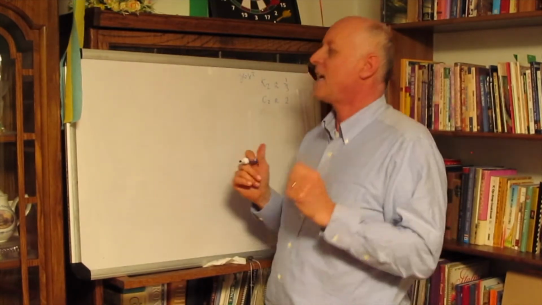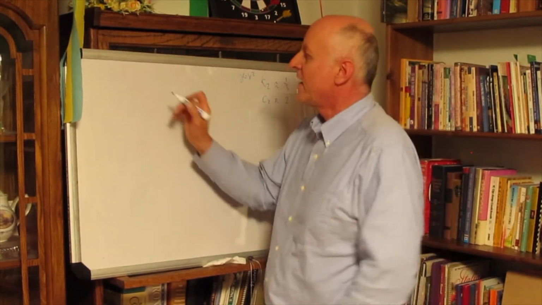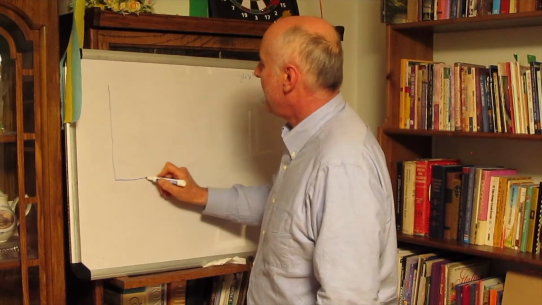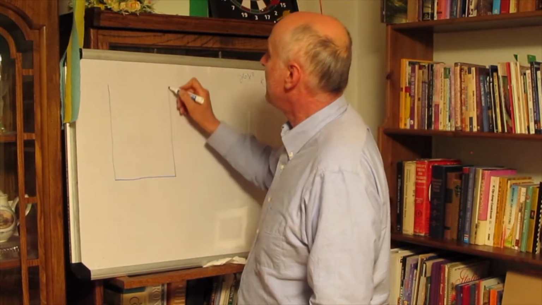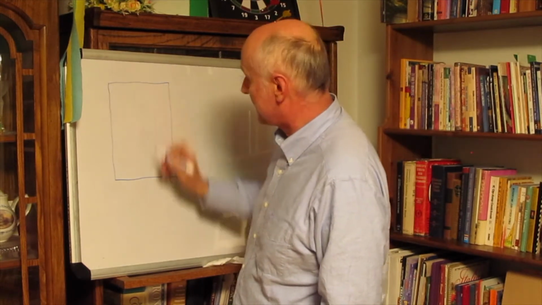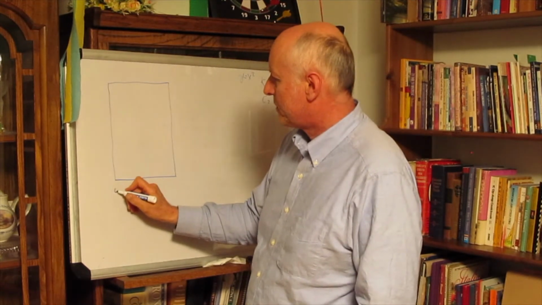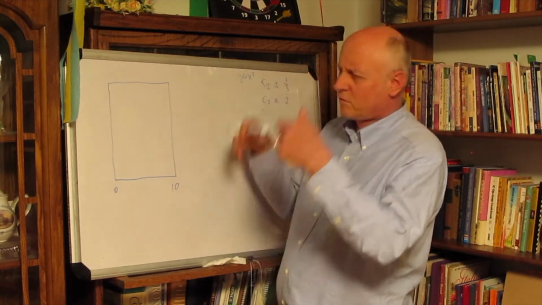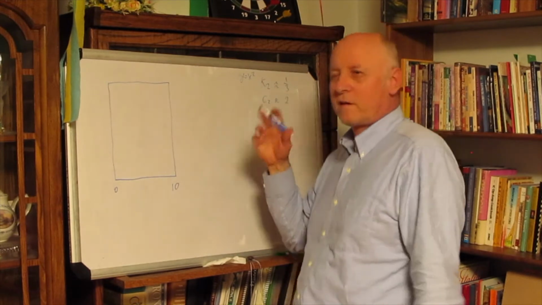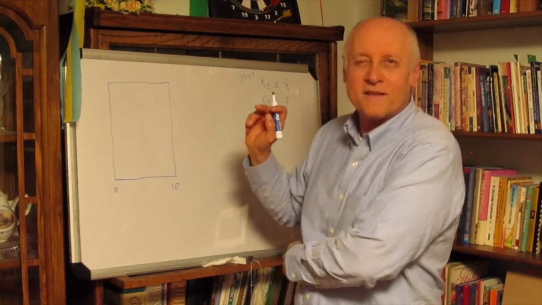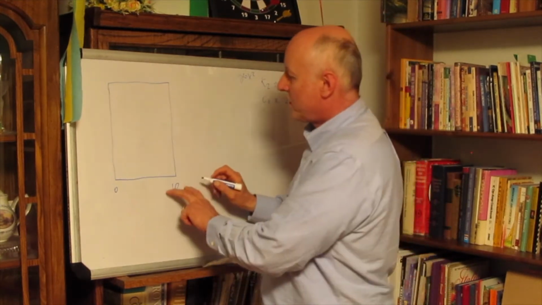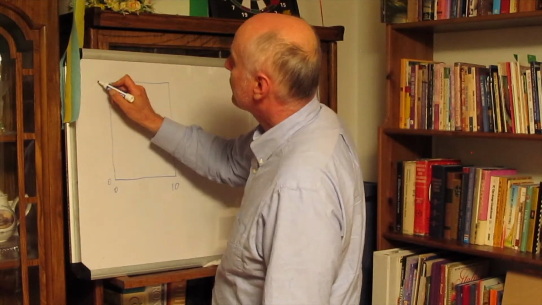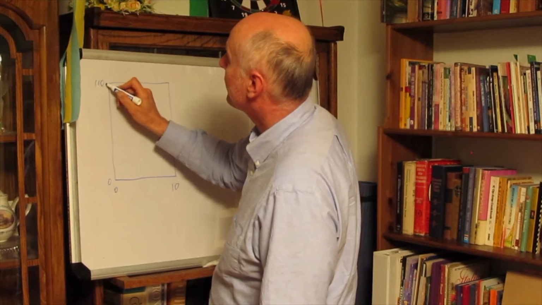Well, he decides to grow a field of potatoes, and it's going to be something like this. 0 to 10 cubits, whatever the measure was back then, and 0 to 100 cubits.